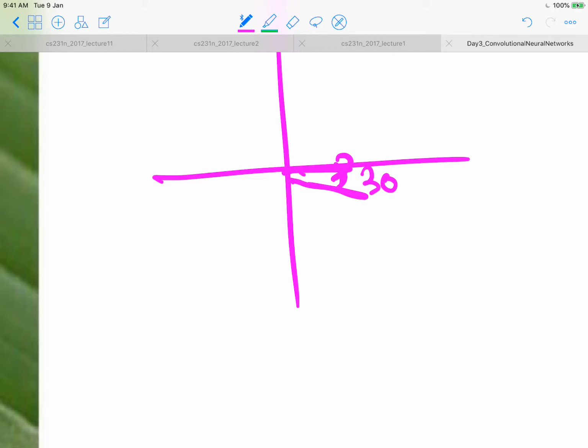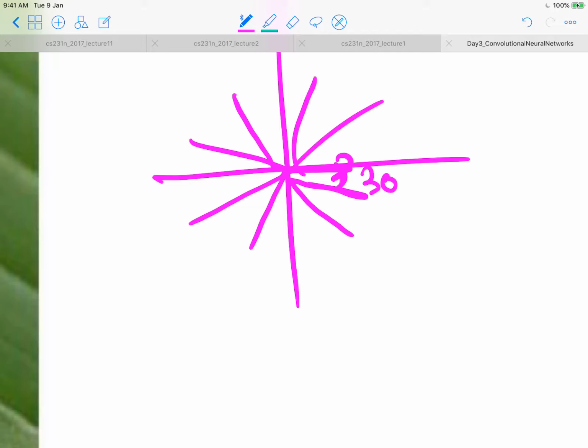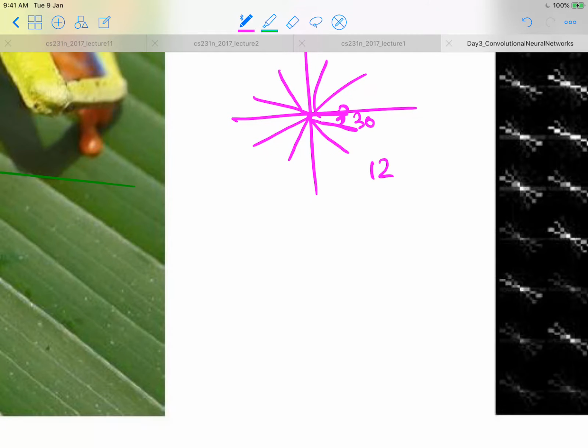Like this, we have in total 12 different regions among all the possible gradient directions. Then let's think of the histogram, starting from 0 degrees, 30 degrees, 60 degrees, and so on.